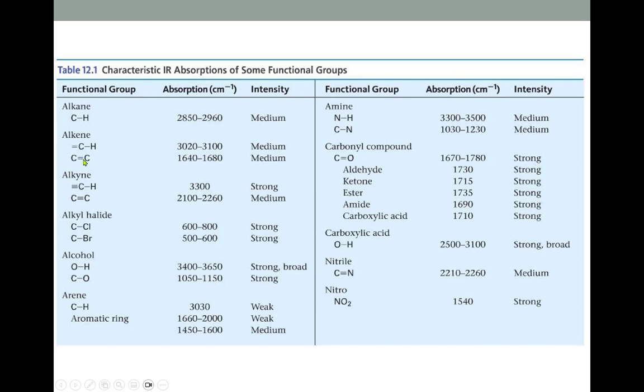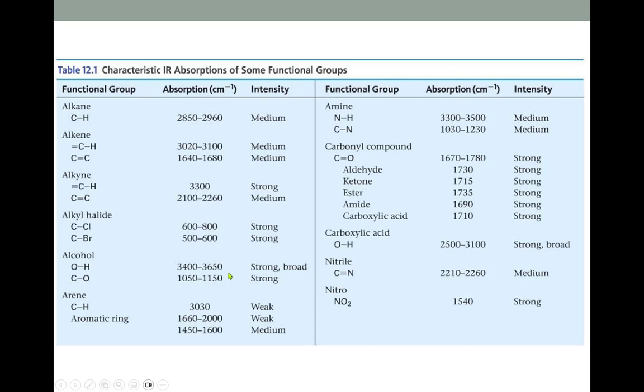Similarly, the double bond itself, the CC double bond, will show up as a pretty well identifiable peak around 1650. Alkynes have a similar pattern. If it's a terminal alkyne with a hydrogen, we'll see a strong peak around 3300. That's a good one to remember. The triple bond itself shows up around 2200.